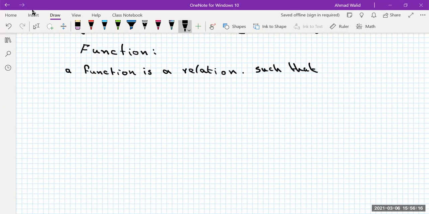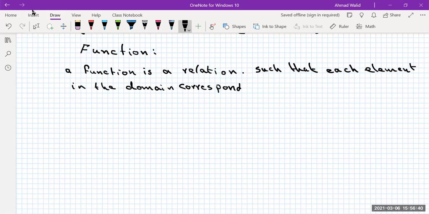each element in the domain corresponds to exactly one element in the range.